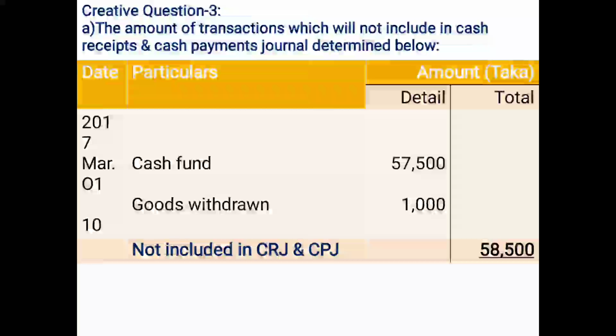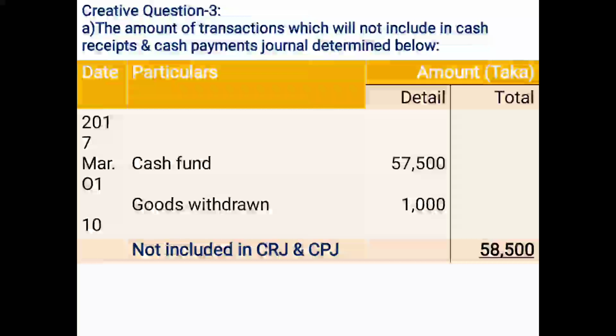Dear learners, you are watching my content for credit question number 3, requirement A. I have already given this requirement in my content. The transactions which are not included in the cash receipt journal and cash payment journal are determined below.